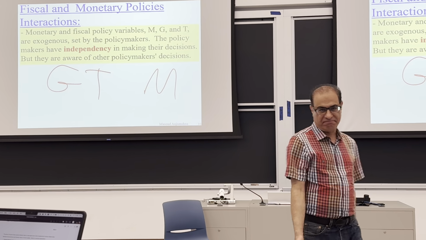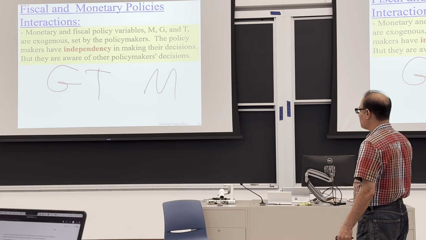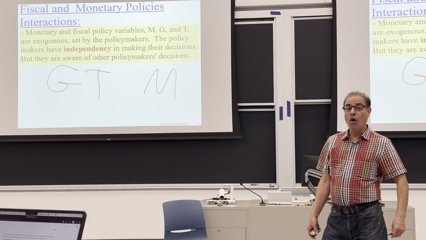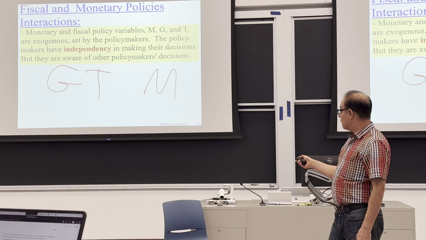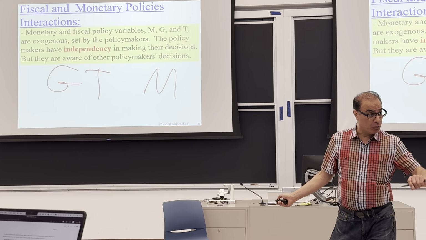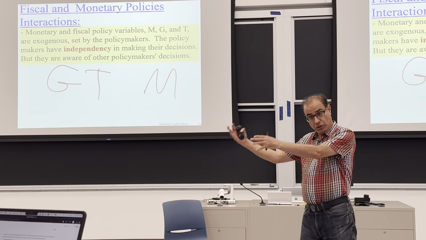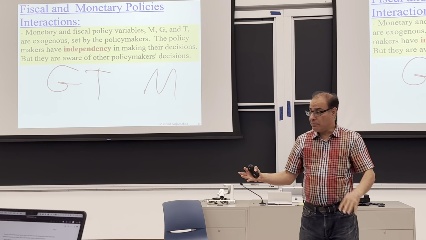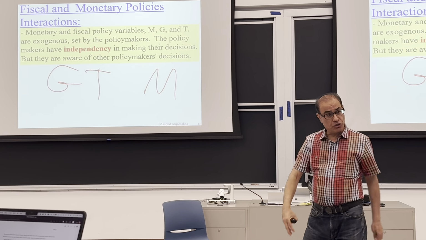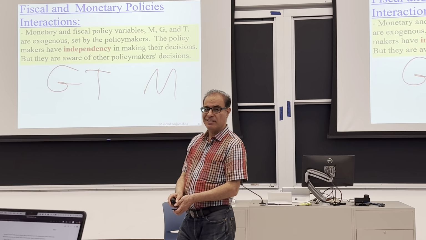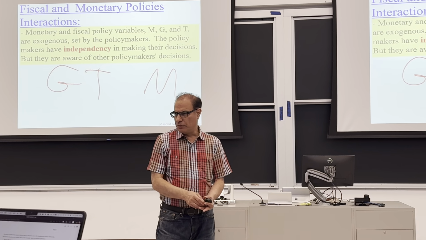But central bank, okay? So actually, hopefully, they are independent. That's my point. So central bank in charge of M, government in charge of G and T, fiscal policies. Hopefully they are independent, okay?